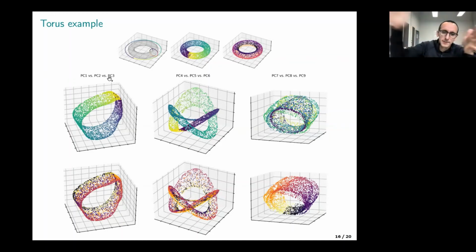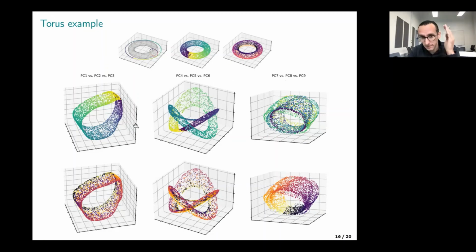So it's difficult to get the full picture in our heads, but it's quite noticeable that somehow the first 3 principal component scores and also the next 3, they seem to tell us something about coordinates with respect to this circle, right?